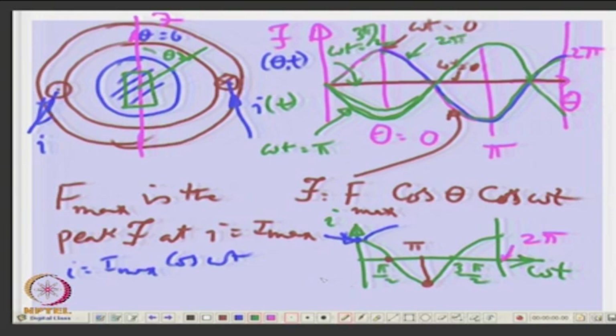So, in between, maybe pi by 4 or something, you can similarly plot some other instant, okay, right. So, you will notice that it will follow different peaks, is not it?